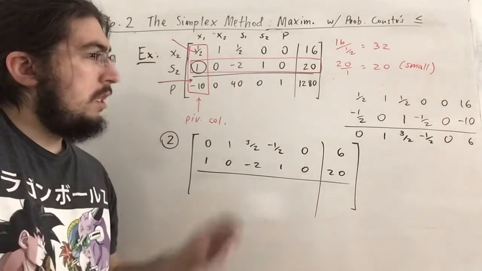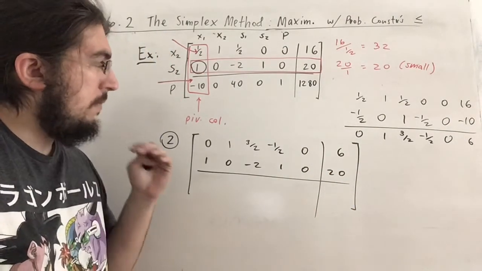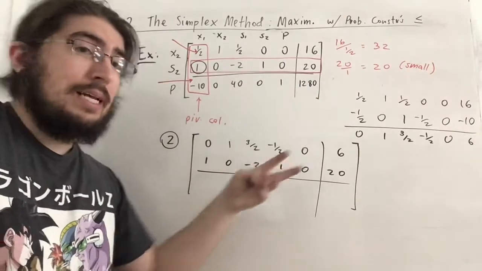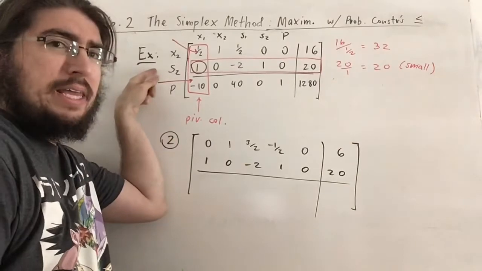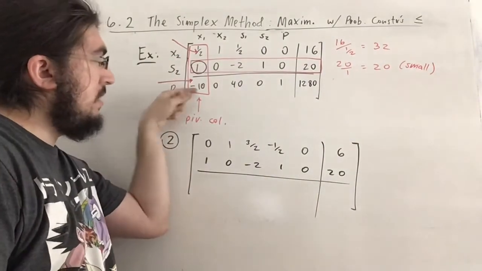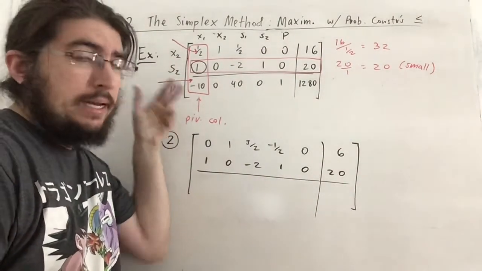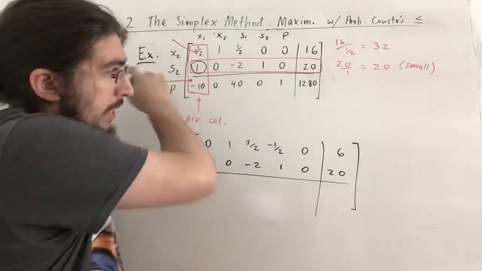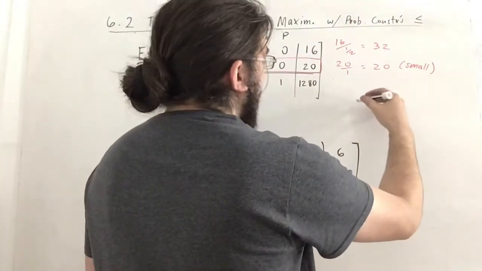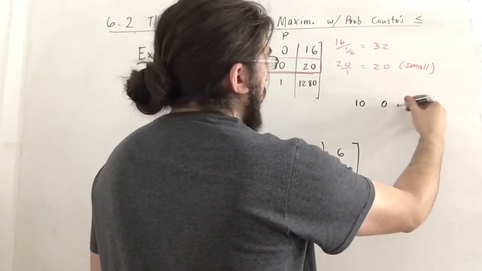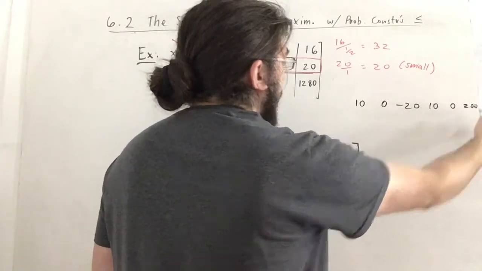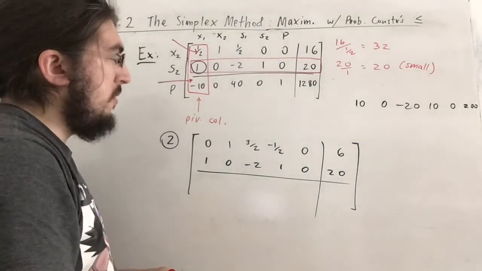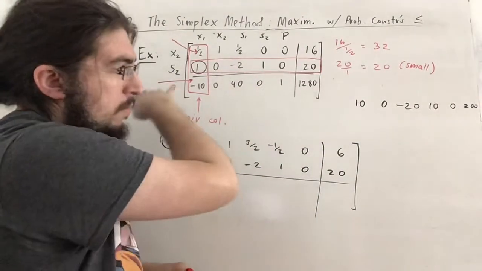Perfect. So now let me erase this work, and I'll do the same process, but now for the third row. And so now, like I said, for the third row, what do you multiply this row by to add to this entry to make it 0? It's 10. So if you multiply row 2 by 10, we get 10, 0, -20, 10, 0, and 200. So I kind of squeeze that in, but hopefully we can see that. And now the bottom row will stay the same.